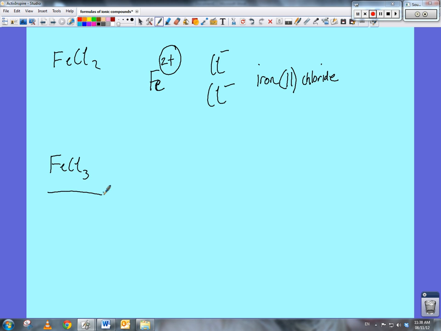FeCl3, well, we've got 3 chloride ions, which gives us a total charge of -3. So the ion charge must be Fe3+, so that we get no charge overall. So this compound will be called iron(III) chloride. Voila.